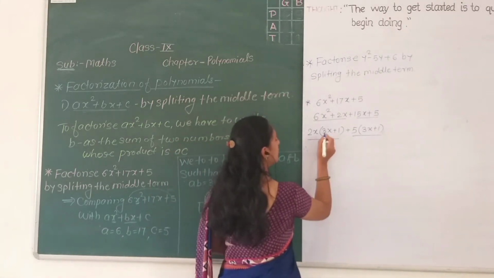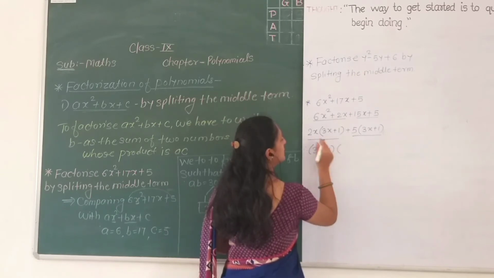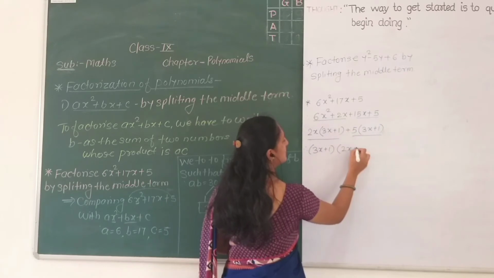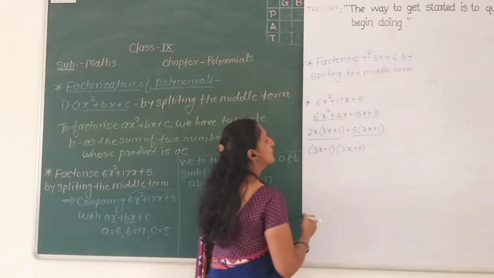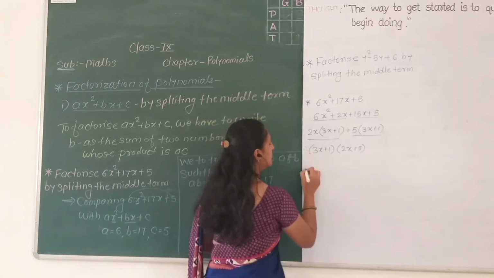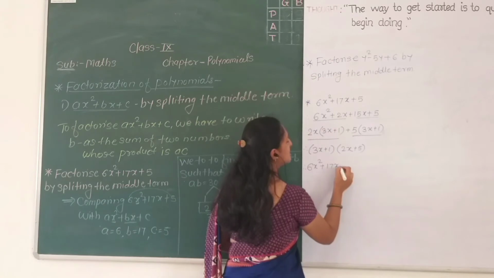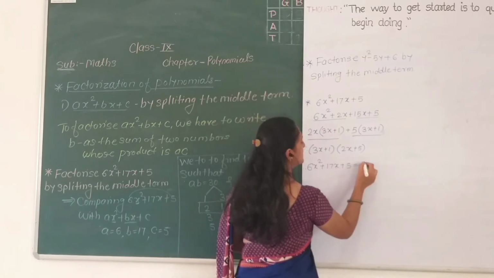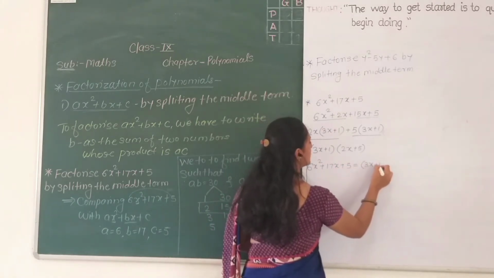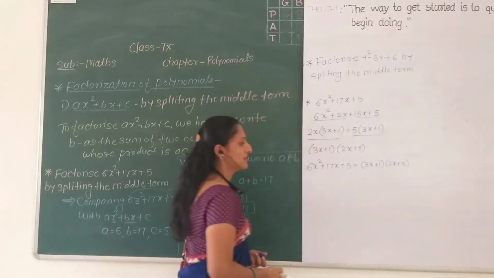In the other bracket, there remains 2x and the second term 5, that is 2x plus 5. That means the factors of the polynomial 6x square plus 17x plus 5 are 3x plus 1 into 2x plus 5.